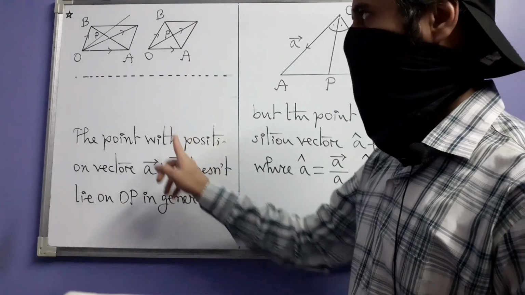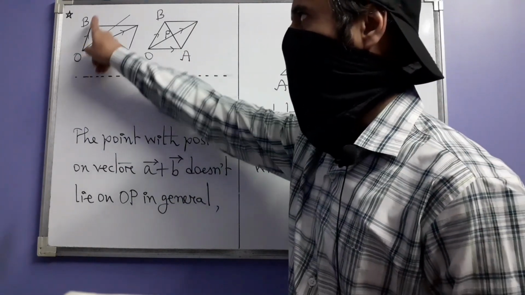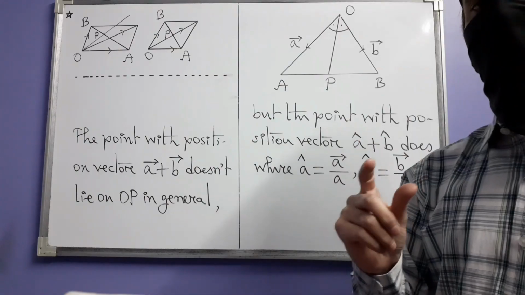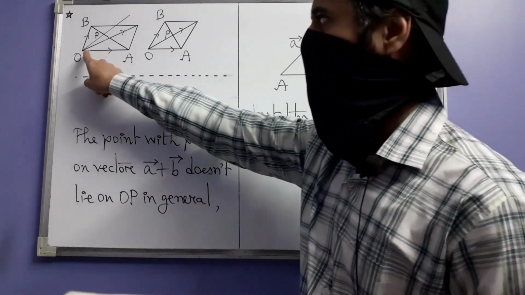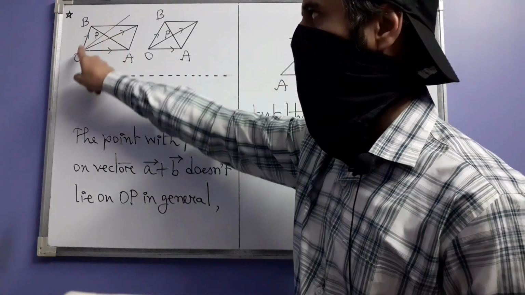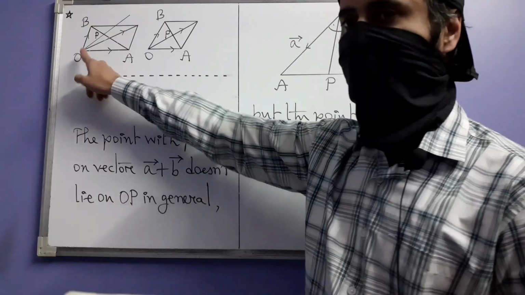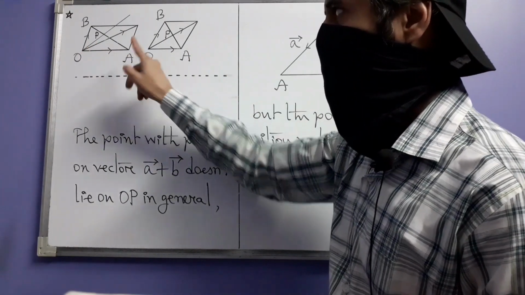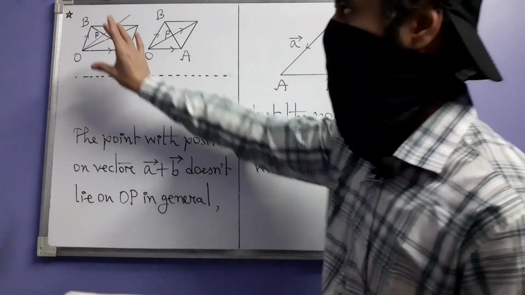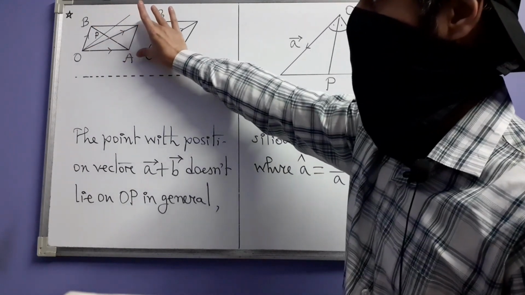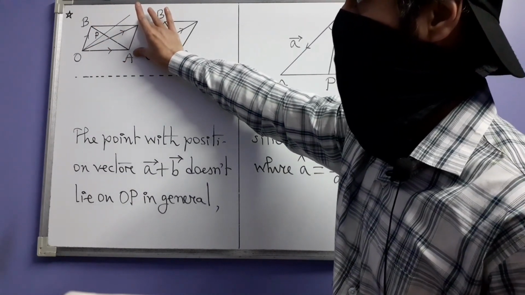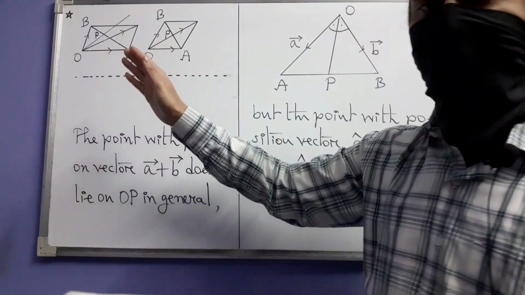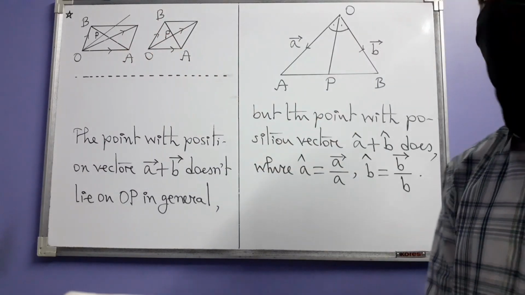The two vectors here are OA and OB. You need to first of all have the initial point of OB coincide with the terminal point of OA. So you translate OB parallel to itself so that it comes to this position, and that's why we have to draw the parallelogram.